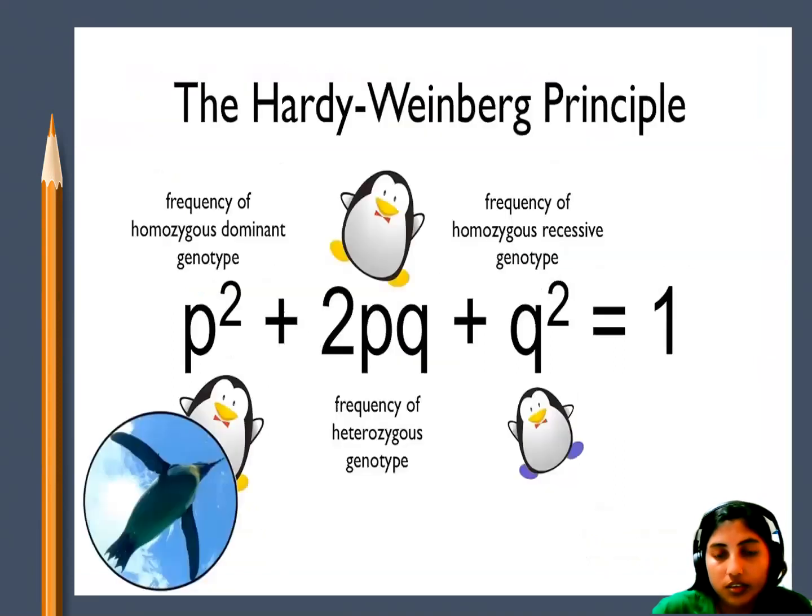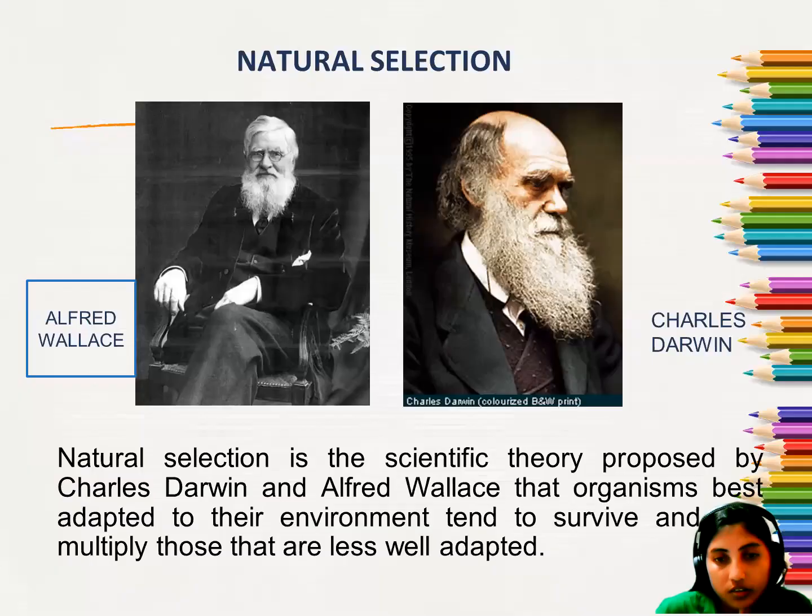And this is their equilibrium, the principle: homozygous dominant and recessive genotypes.